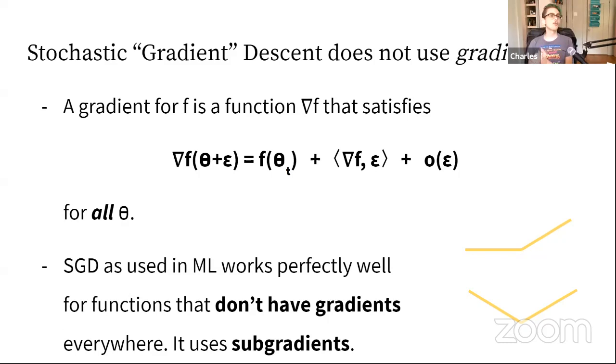And more broadly, when you want to go to high dimensional cases and you want to go to functions that are non-convex, it's something called a subdifferential. So these subgradients are actually super, super important for convex analysis, the study of convex functions, which is where all the ideas in optimization come from.